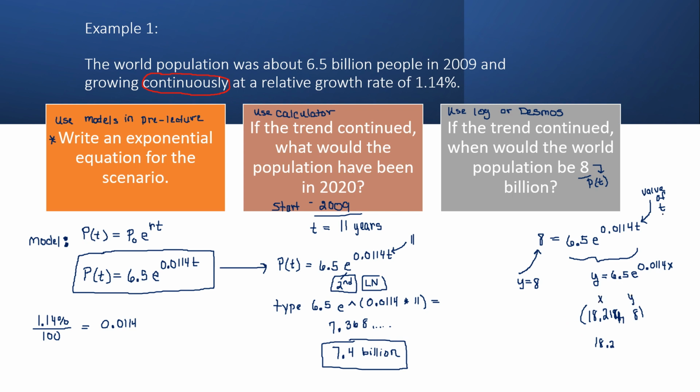Looking back, our X was our T. And so 18.2 years. And our starting year was 2009. So if I want, I can go on my calculator, 2009 plus 18, and that would be in year 2027.